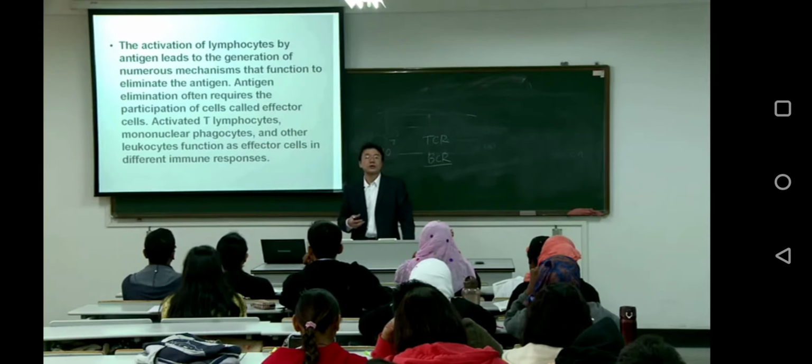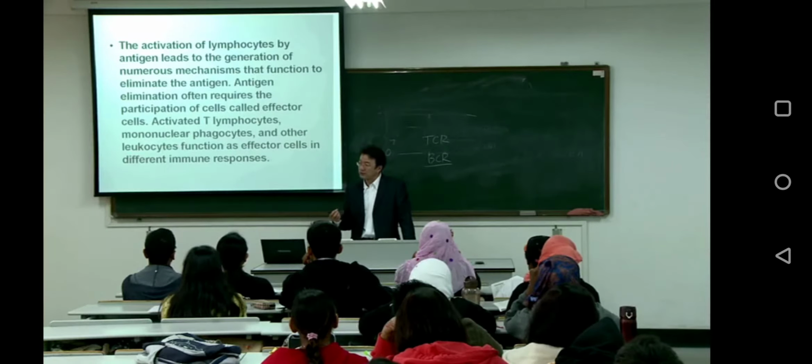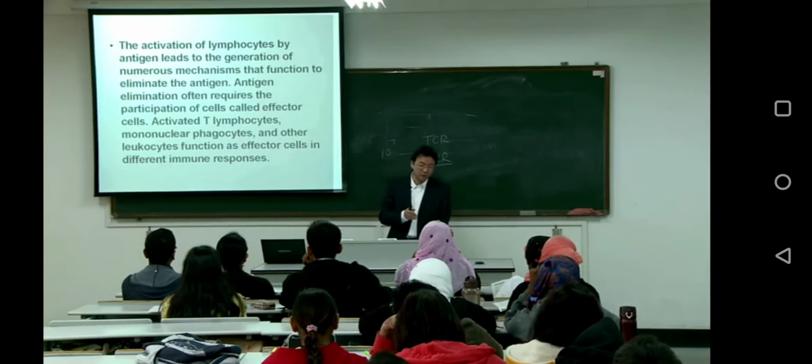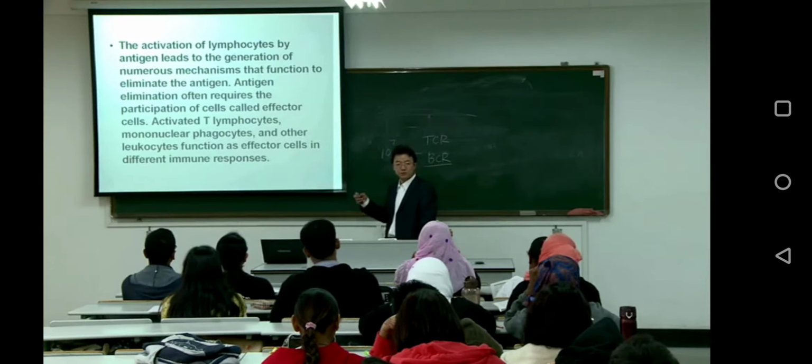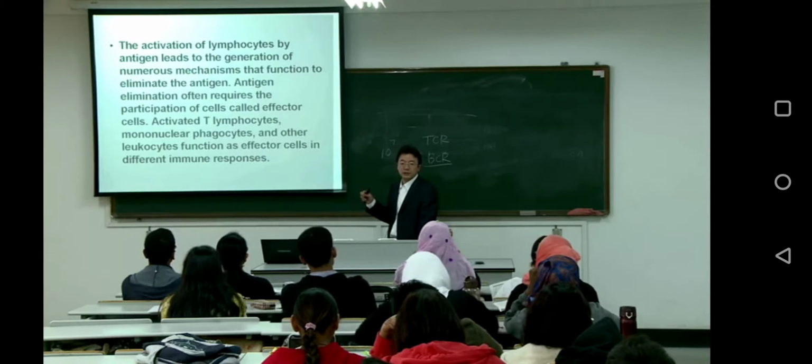You need expansion of the lymphocyte. How could lymphocyte be expanded? Upon activation. What kind of substance could activate lymphocyte? Antigen or some other substances we will discuss in the chapter on antigen.